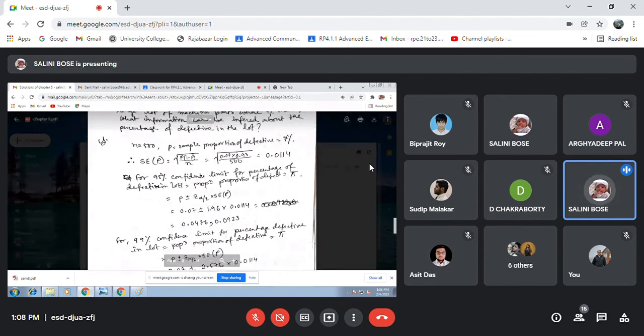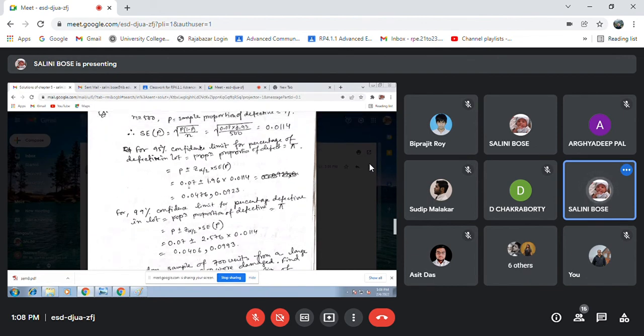And so the 95% confidence limit will be like this. This is the confidence limit for the population proportion for 95%. That is P plus minus Z alpha by 2 into the standard error of P. So that will be, actually, Z alpha by 2 into root over P into 1 minus P by n.